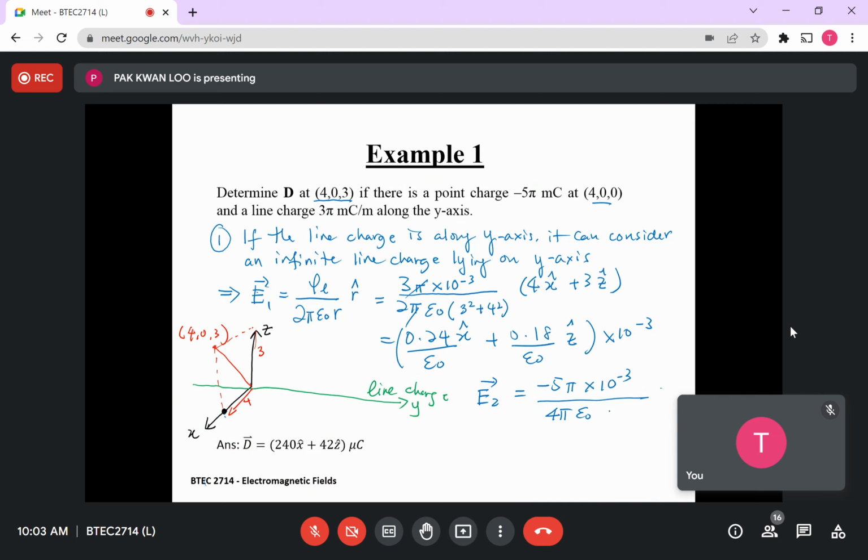The distance from this point to here is 3 squared. So it's 3 squared, sorry, in the z direction. So it is in the z direction.